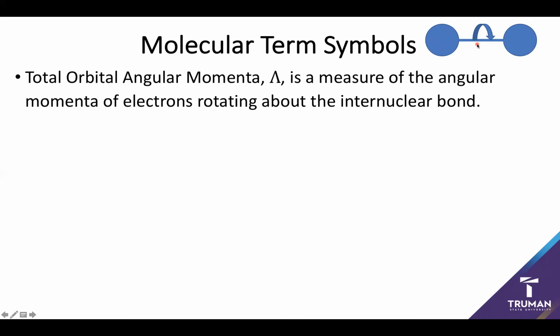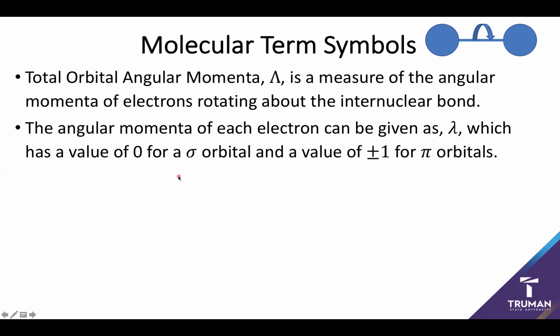Because if I'm looking at, say, something like a sigma orbital, well, those are going to be electrons that are just going to be moving back and forth along the nuclear bond, and I get no rotation. So these are all going to have individual angular momenta, which we're going to give as a lowercase lambda, of 0.